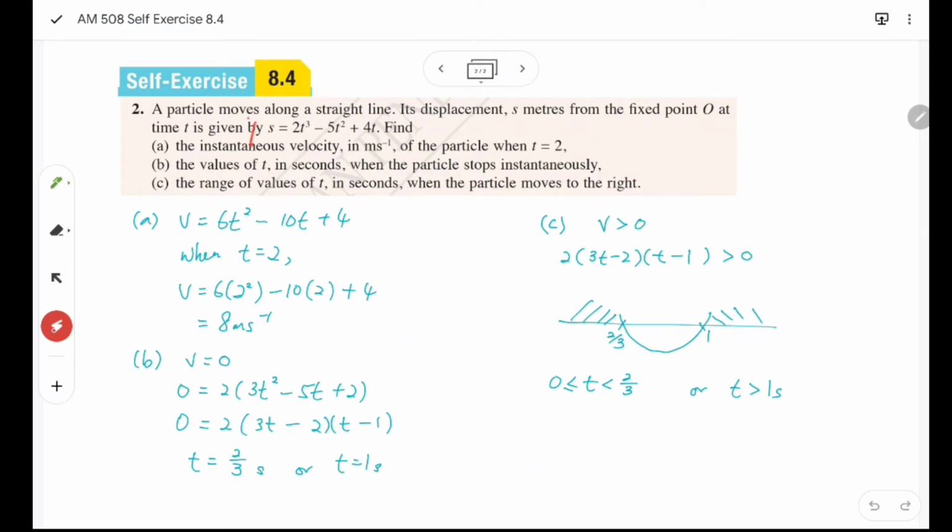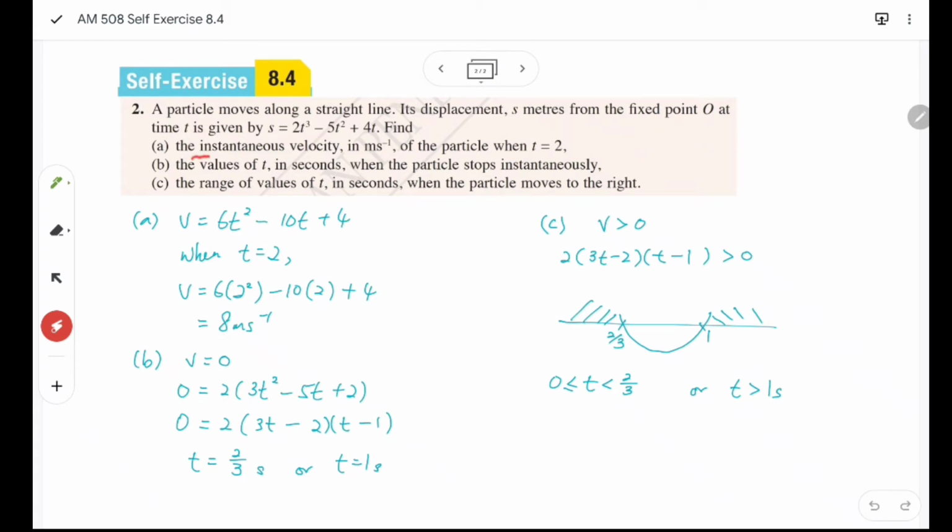Again, we are given the function of displacement, and we need to find velocity, where velocity is the rate of change of displacement. So we need to do differentiation. We differentiate the s, and we get 6t squared minus 10t plus 4. So this is the function of velocity.